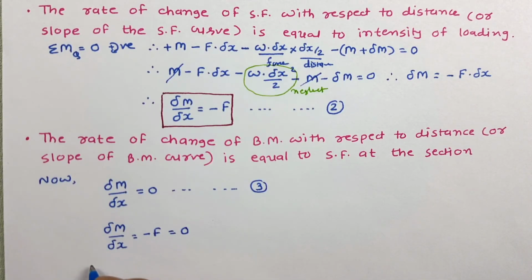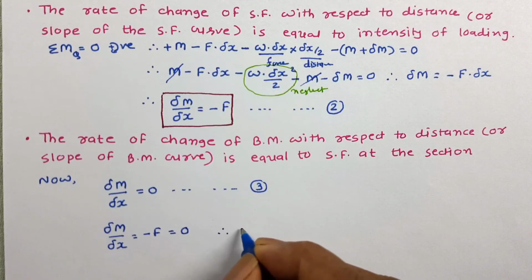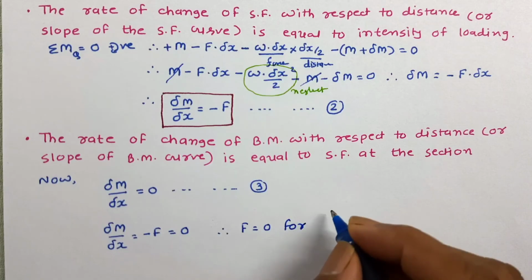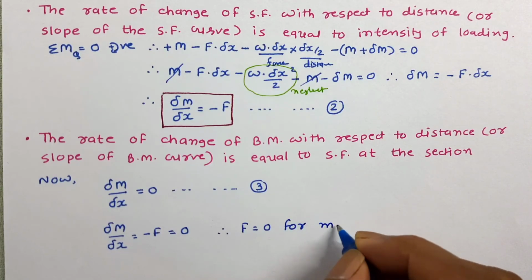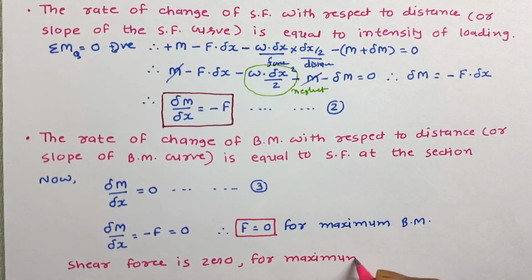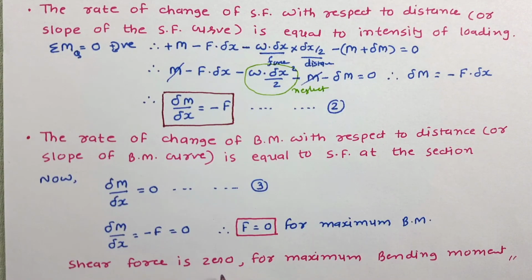So we can write F is equal to 0 for maximum bending moment. So we have got a very important relationship: shear force is 0 for maximum bending moment.